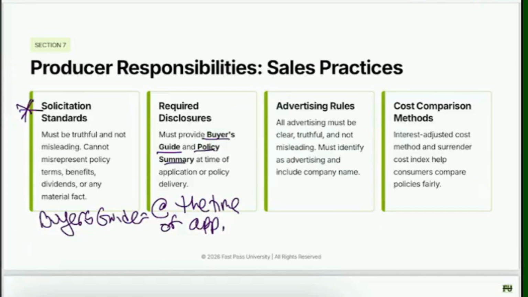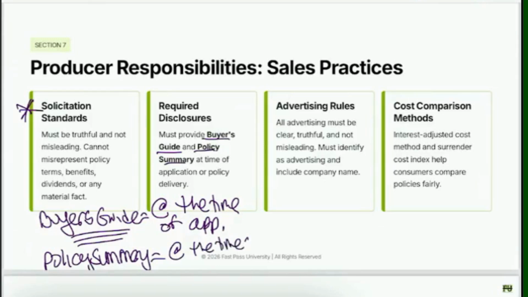If they say, great, we want to fill out that application, you must have given them a buyer's guide at the time of application or before. Okay. And then the policy summary is actually the one with their name on it, their premiums, their everything. That must be given at the time of policy delivery.